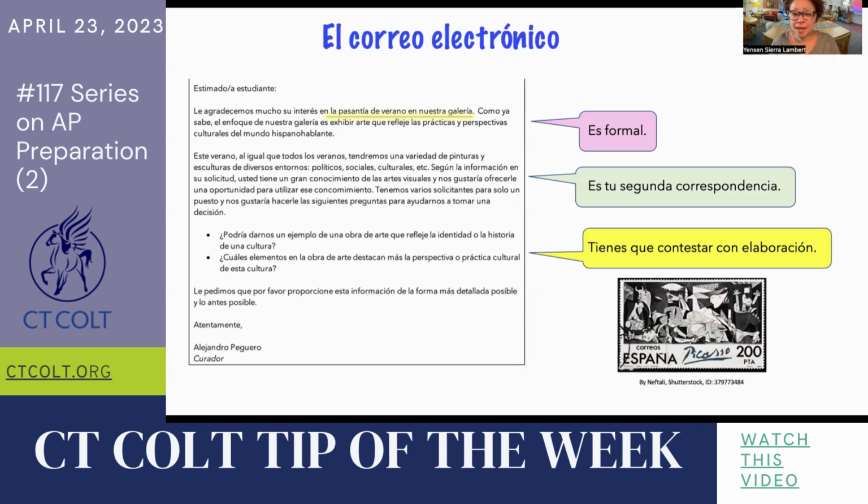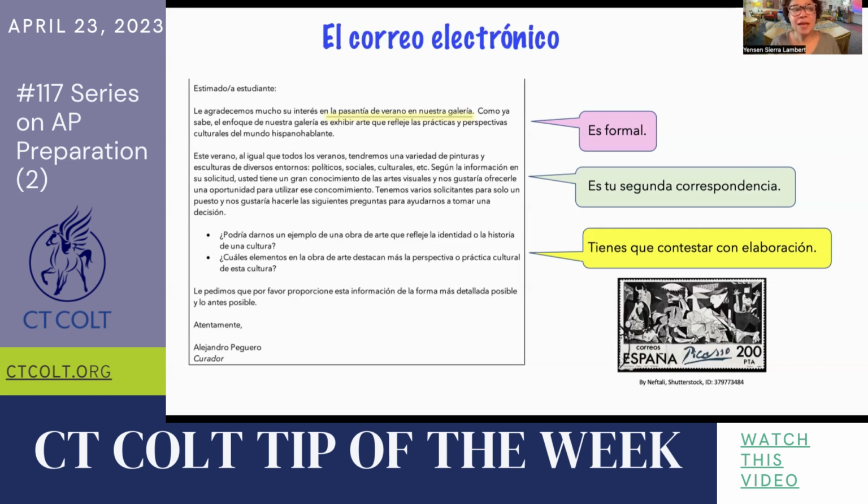One thing I forgot to say right before this slide, remember that, and please remind your students that this email they're getting is actually a response to the initial email the students sent. It's fake, imaginary, requested information.